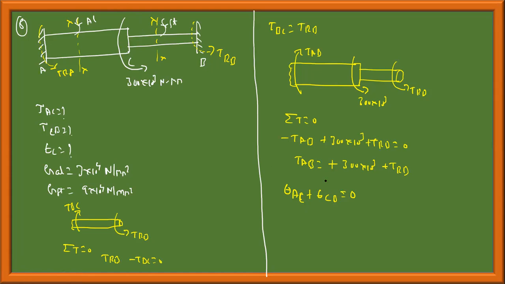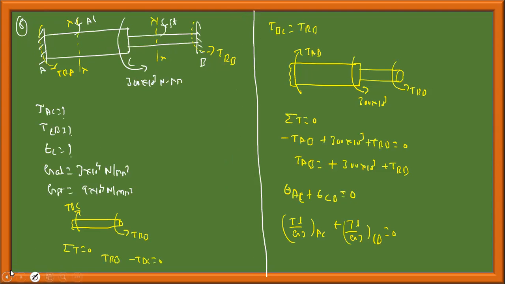Next, theta we know is given by TL by GJ of AC plus TL by GJ of BC is equal to 0.